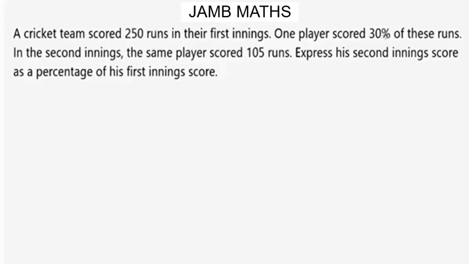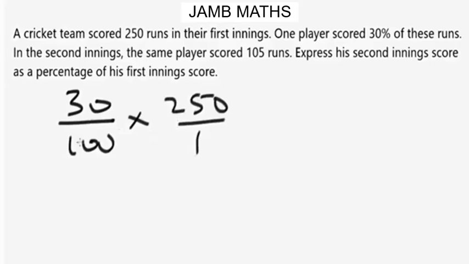Alright, so to get the 30% of these 250, you simply do 30 over 100 times 250 over 1. So when you simplify this, 25 times 3 gives us 75. So 30% of these ones of the cricket team will give us 75.